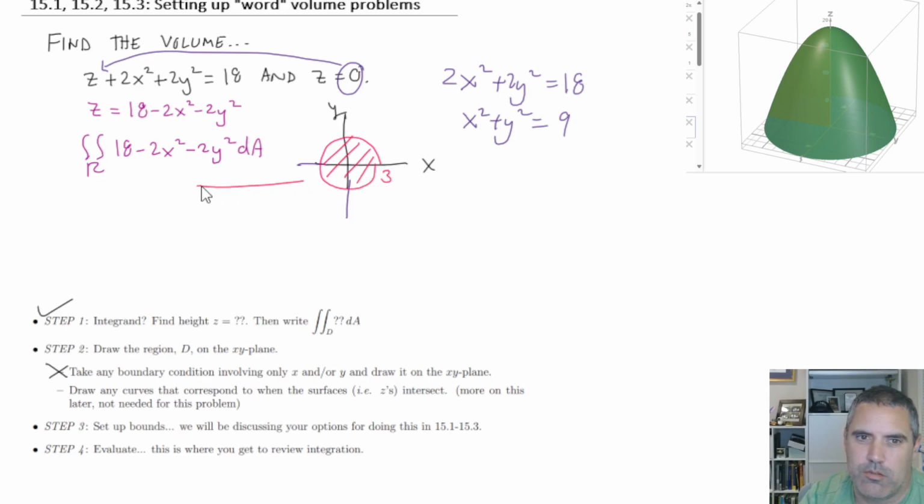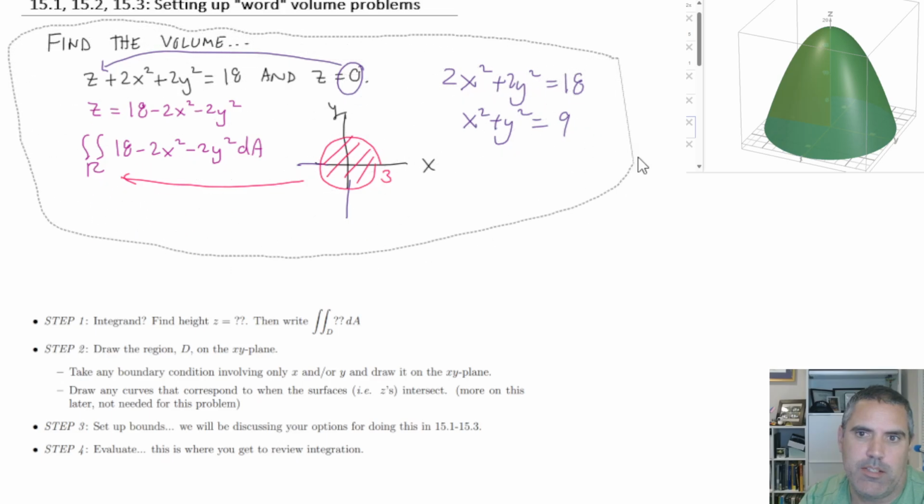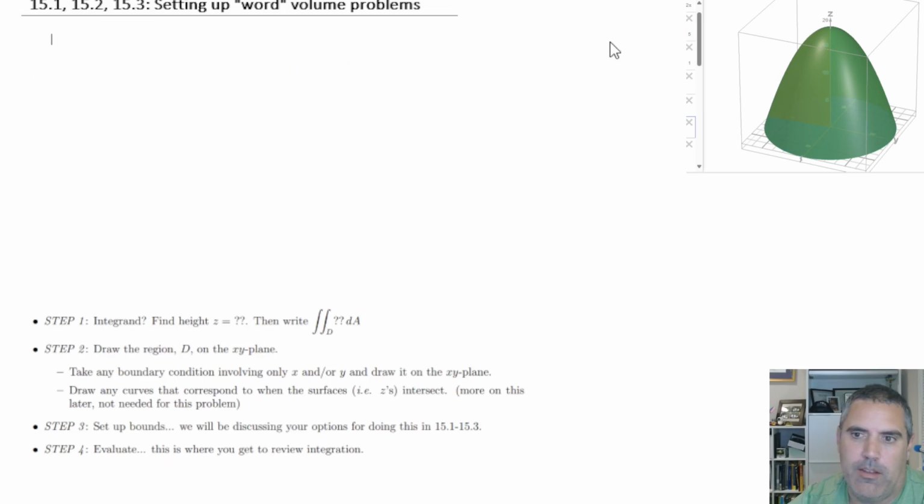We're going to learn that there's a certain technique that's really good for integrating circles, but there's another example of that. So you draw the given equation, sometimes that's everything, and then you draw when the z's intersect. So it's a fairly simple approach to all the problems in chapter 15. Anyways, let's look at another one.